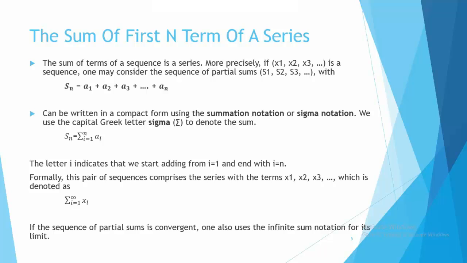Formally, this pair of sequences comprises the series with the terms x1, x2, x3, which is denoted as the sum of xi, where i goes from 1 to infinity. The sequence of partial sums also uses the infinite sum notation for its limit. We'll be discussing more about convergent and divergent series in our upcoming videos. That's it for the sum of first n terms of a series.